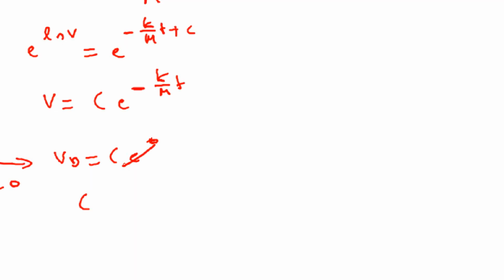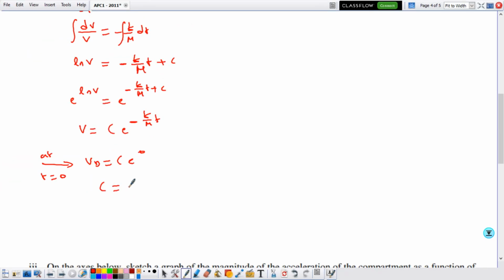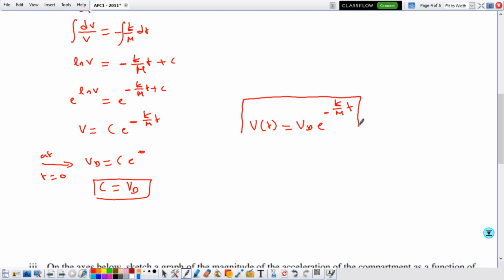E to the power 0 is 1, which means that the constant c, the constant of integration, is given by the speed or the velocity at the point D. Then our velocity or speed as a function of time is given by Vd multiplied by e^(minus k over m multiplied by t).